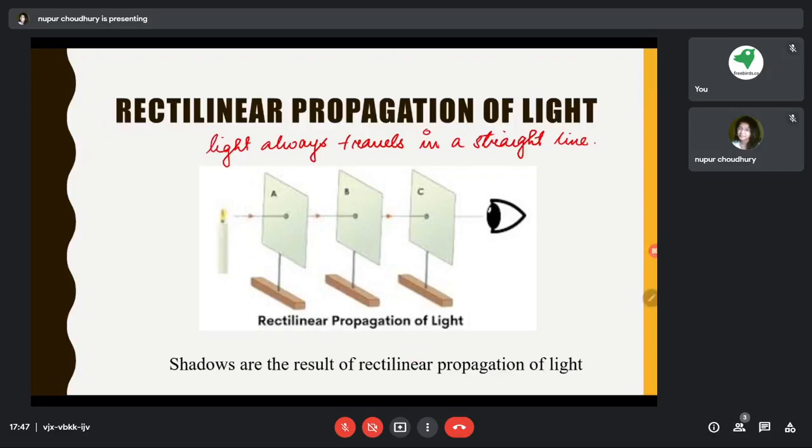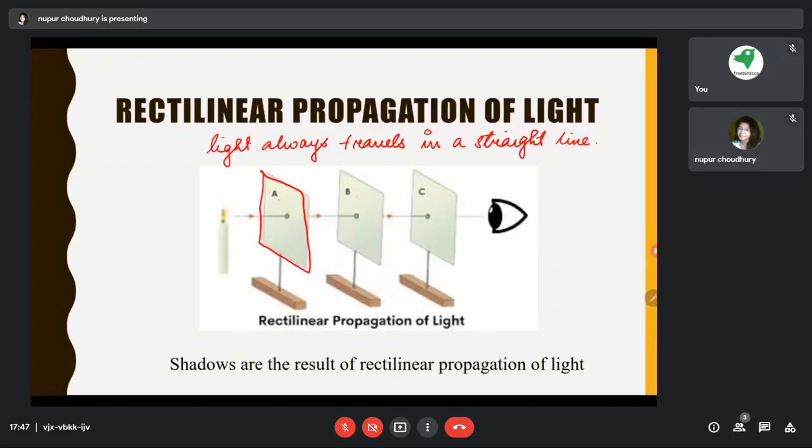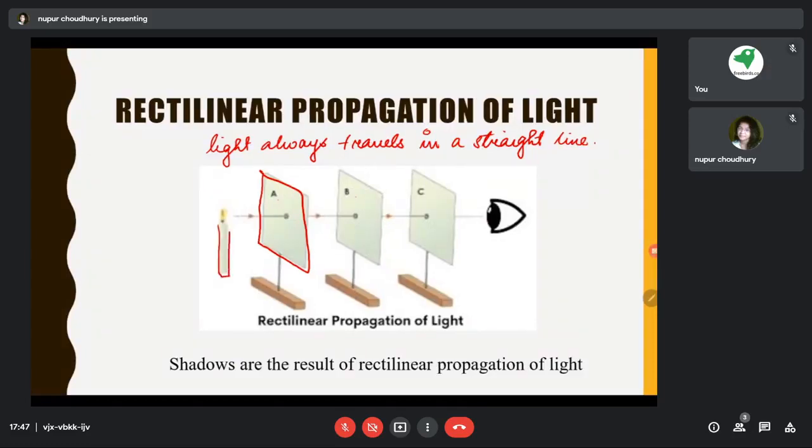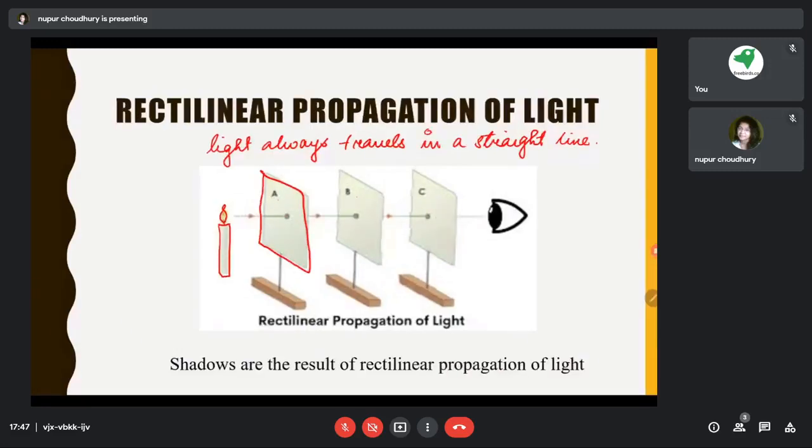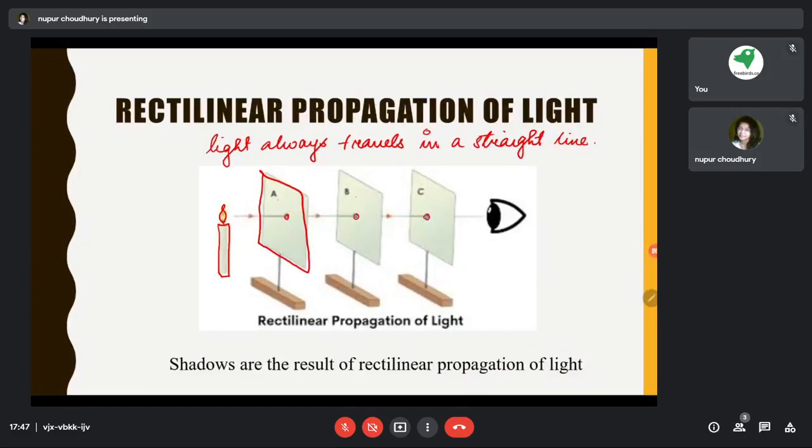In this particular diagram, if you see, I have incorporated three different cardboards, A, B and C. Now if I light a candle, which is the source of light here, and I look at it across the three cardboards, through holes made in the cardboards, you will witness that the light travels as a straight beam across the holes.